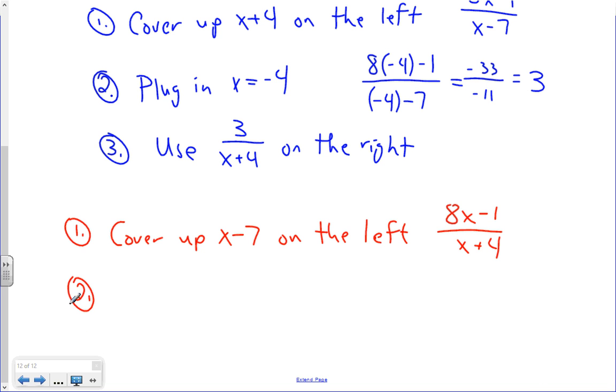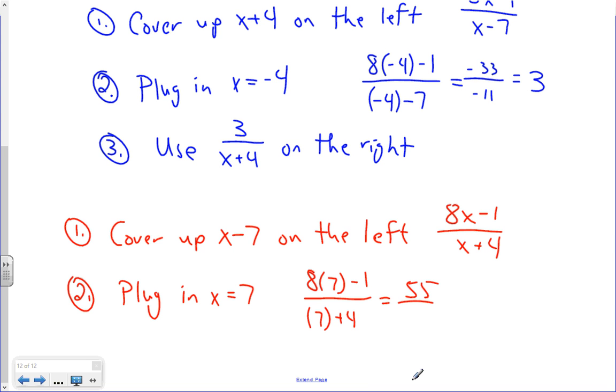The second step is you're going to plug in a value for whatever made that x minus 7 equal to 0. That would be x equals 7. What are we left with if we do that? We'll be left with 8 times 7 minus 1 in the numerator, and then 7 plus 4 in the denominator. 56 minus 1 is 55, 7 plus 4 is 11, and that becomes 5.